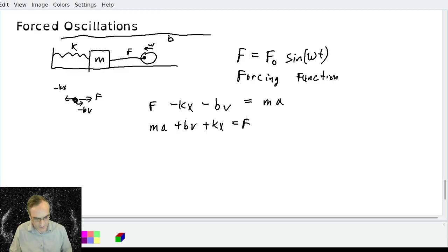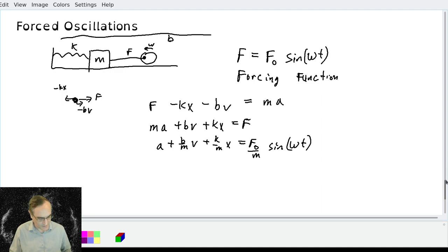The forcing function can't be moved to the other side. It doesn't depend on the same quantities. So divide through by m. And we'll go ahead and plug in for our forcing function, and we get something like this.